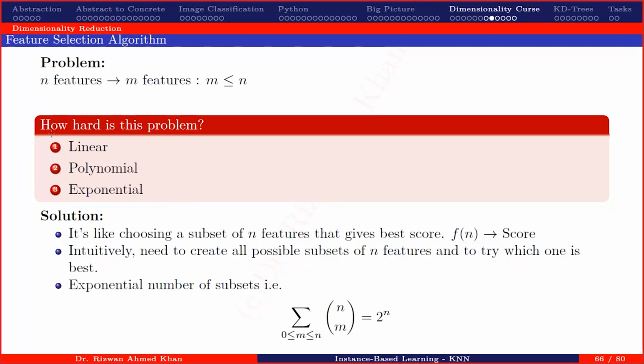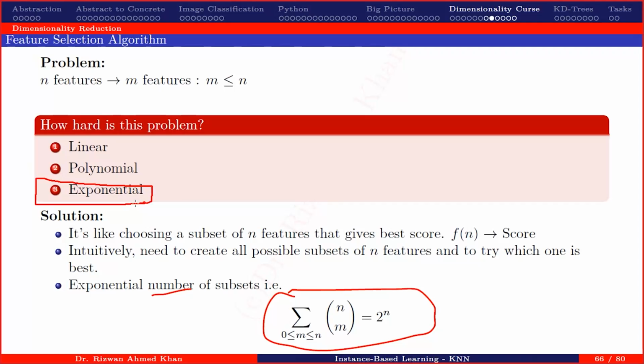So this is exponential. An exponential number of subsets are there. So we can say that the complexity of such an algorithm would be exponential, and this is huge. It's not easy to find the subset which will give the best result, because the number of subsets is exponential and you're trying to evaluate them to decide which solution is the best.